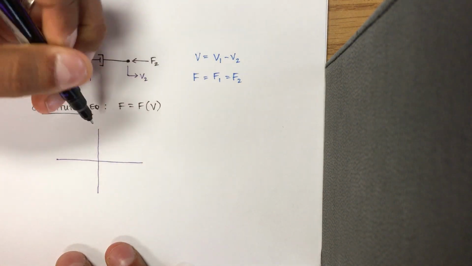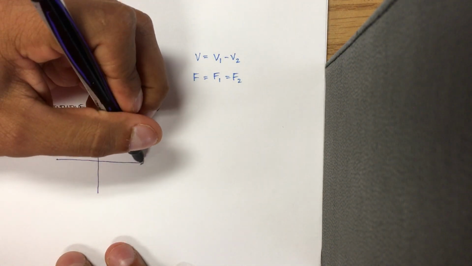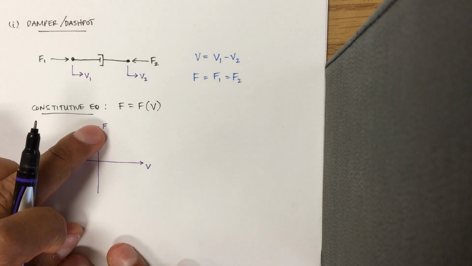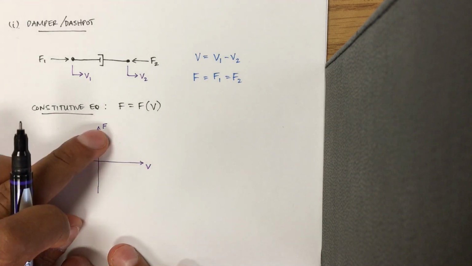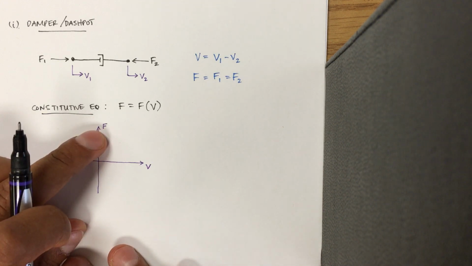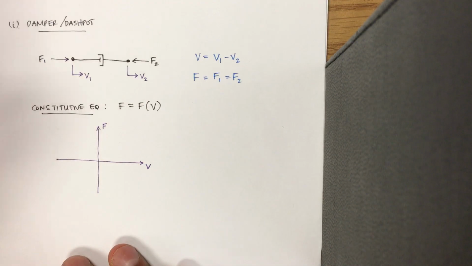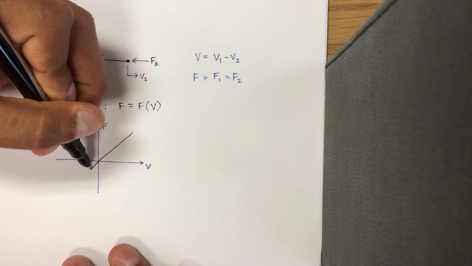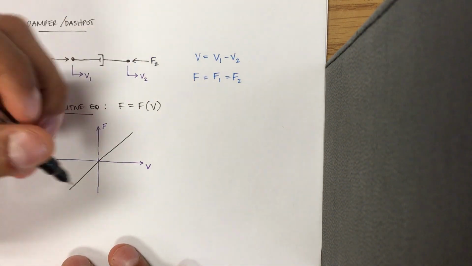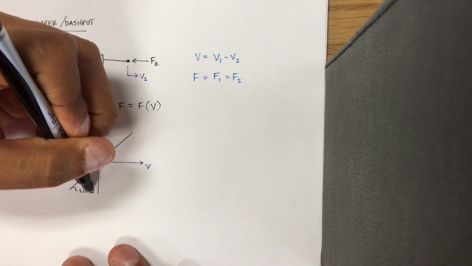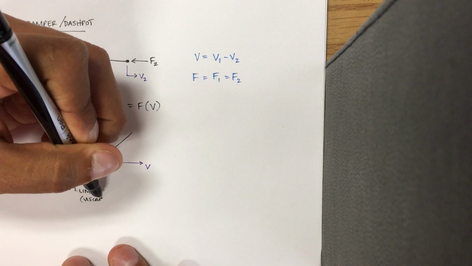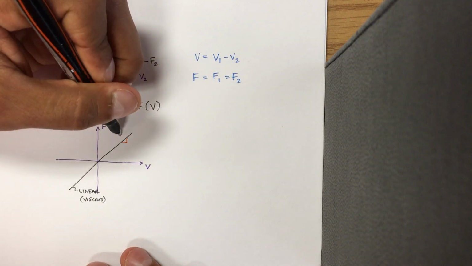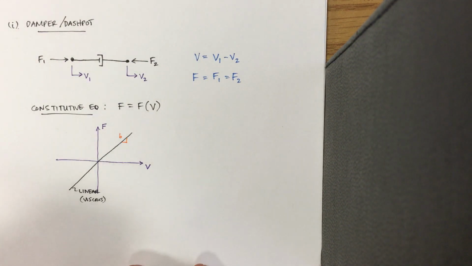So here, we have the flow velocity on the x-axis, the effort force on the y-axis, and we should expect that the relationship between the force as a function of the velocity will be linear for viscous fluids, where the slope between F and V would be the damping coefficient.